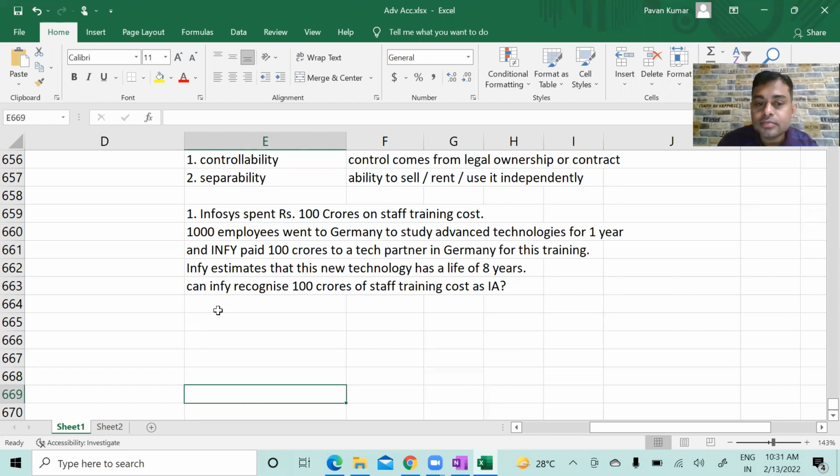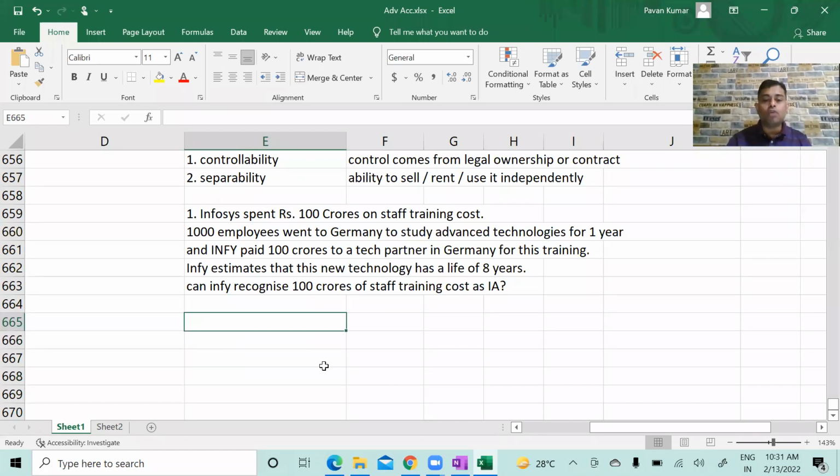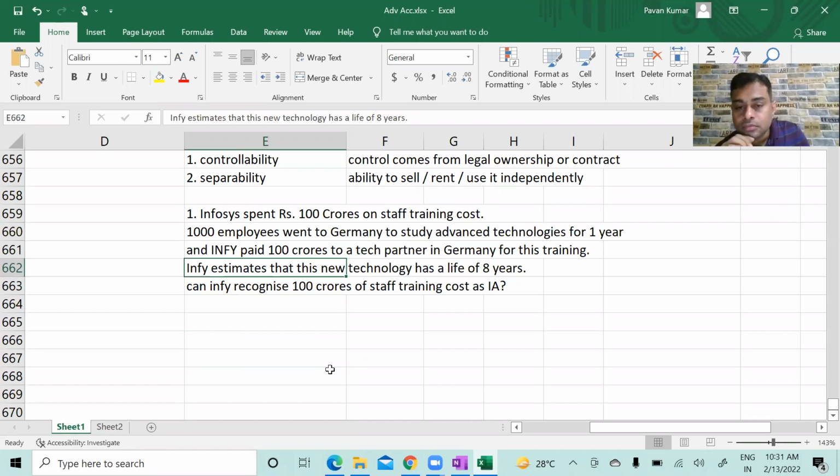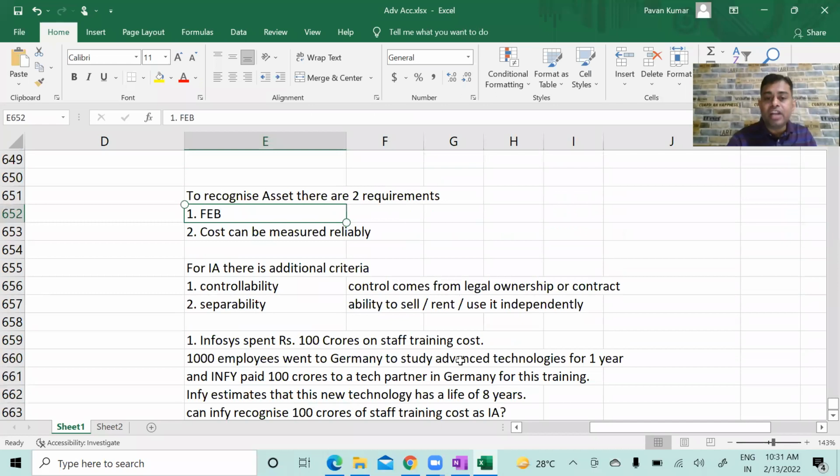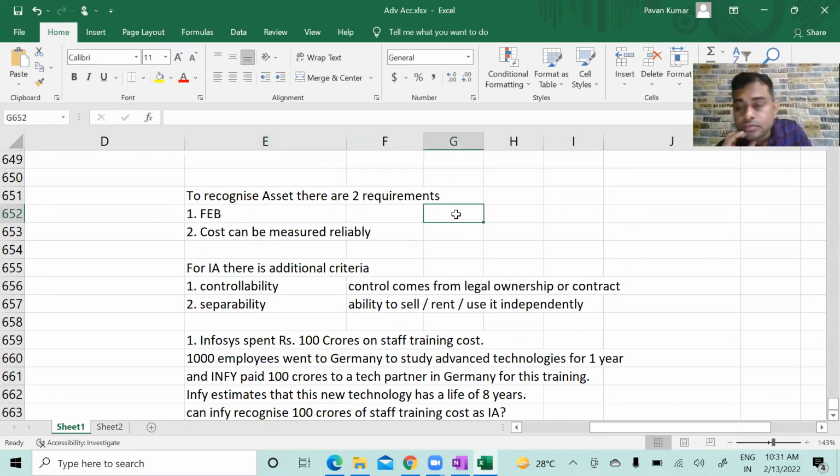Sir, we have no control. Will it give future economic benefits? Probably yes. All of you tell me, will it give future economic benefits? Yes.